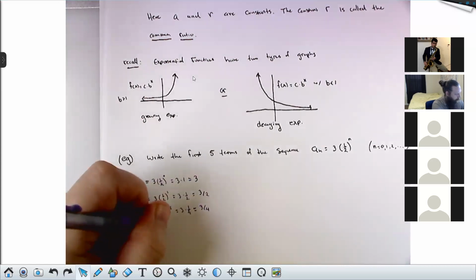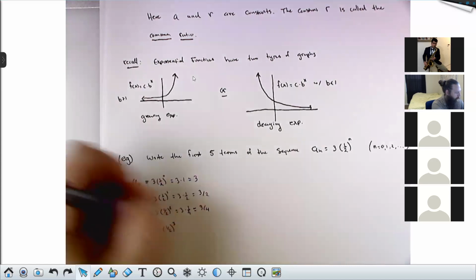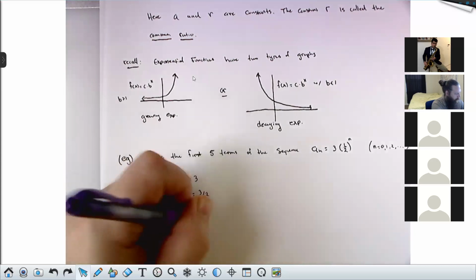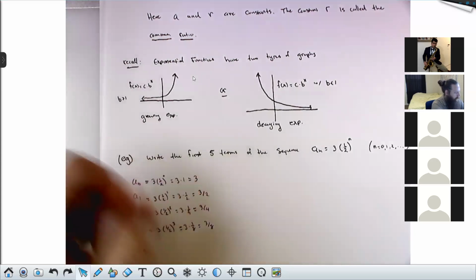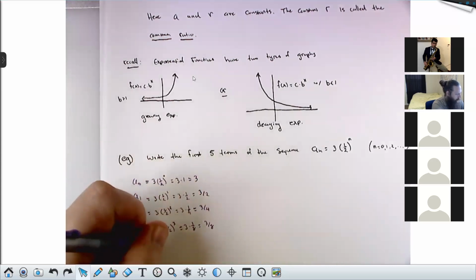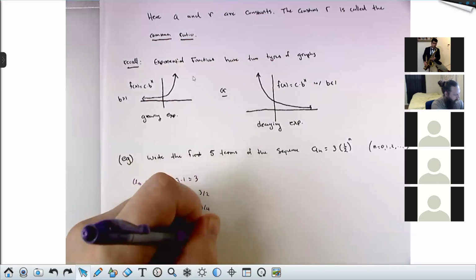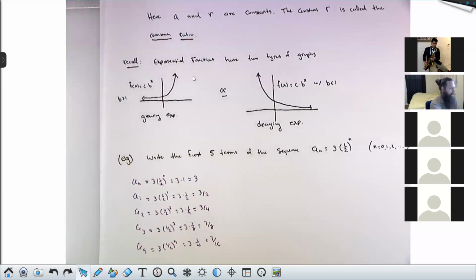A3 would be 3 times 1/2 cubed, which is 3 times 1/8, or 3/8. And A4 would be 3 times 1/2 to the 4, which is 3 times 1/16, or 3/16.